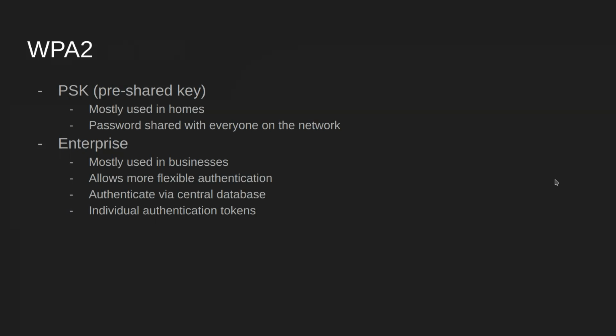But it allows you to give different encryption keys to every single device, and also use a central authentication database to let people in. So UT, for example, can tie your EID to the Wi-Fi network, and when you update your EID, your Wi-Fi password will update as well.